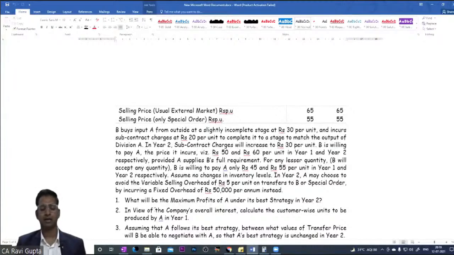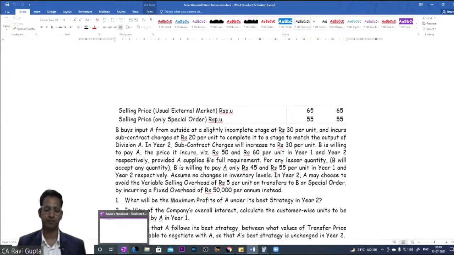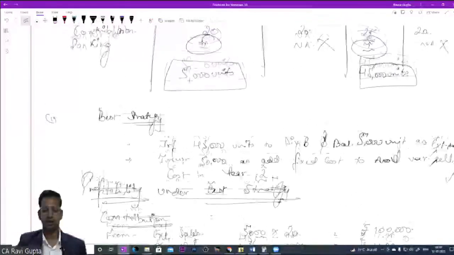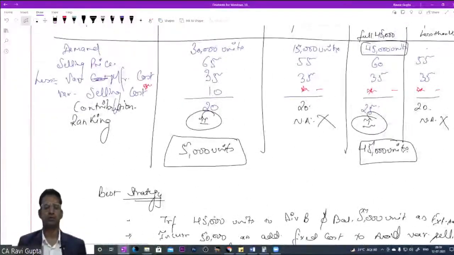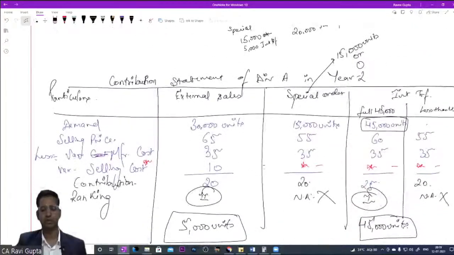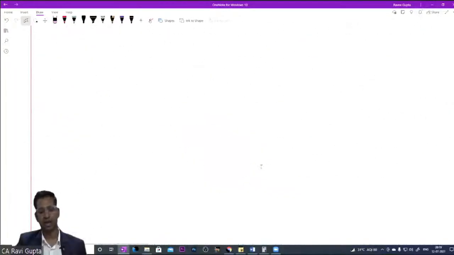It's saying that in view of the company's overall interest, calculate the customer-wise units to be produced in year one. We need to prepare for this. See, we have calculated the number of units through this contribution statement, which we are going to again prepare for the second part.